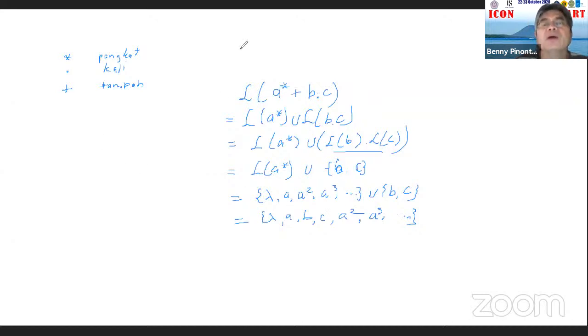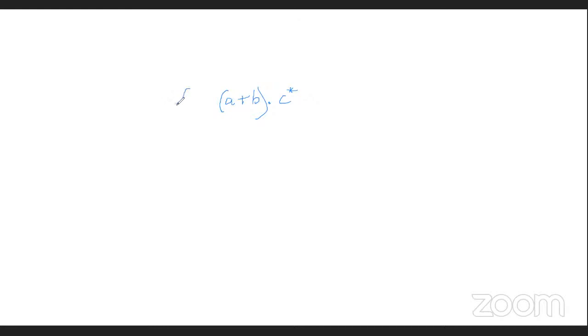Okay. Now one more example. Suppose that we have a different one. That is, for example, A plus B union C star. What is the language of this one?